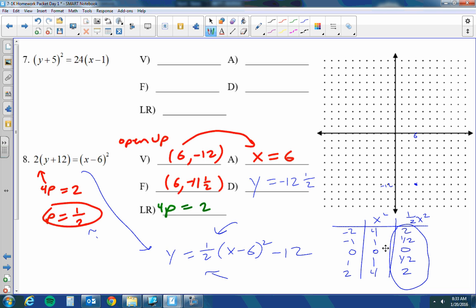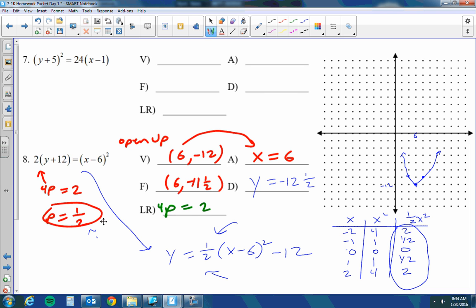And so I did this way: 0, 0 represents the vertex. I'm going to skip this one and use this one. 2, 2. Well, I'd go over 2 and up 2, which is actually one point, and go left 2 and up 2, which is here and here. Actually, that worked out much nicer. So that's your alternative.